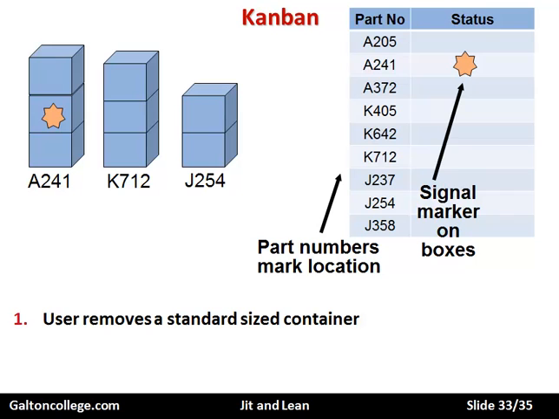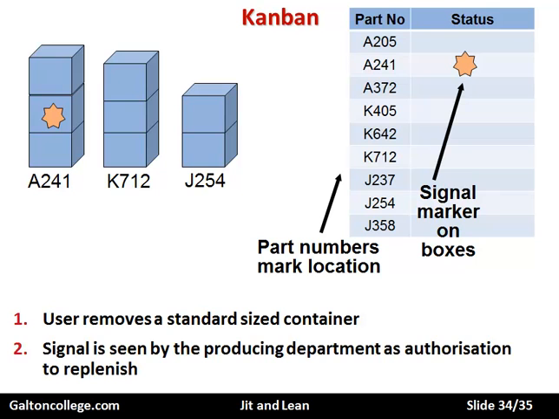The user removes a standard size container, so the user will now take away that container because that container has got the sticker. The signal is seen by the producing department as authorization to replenish it. So when the box has been emptied and returned as an empty box with a sticker on, then that's a signal that that box needs to be filled again.